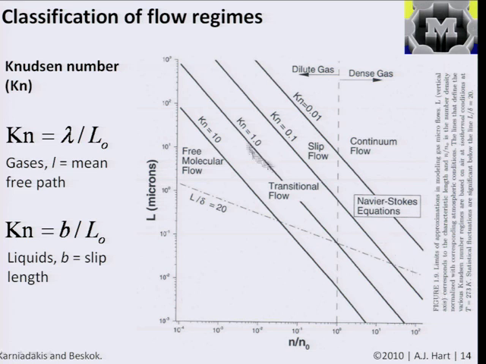As a calibration, we're going to use a Knudsen number of about 0.01 as a boundary between what we'll call the continuum flow regime, where we can use the classical Navier-Stokes equations to describe the flow, and what we'll call a slip flow regime, where we can modify the Navier-Stokes equations for a pipe to account for this slip.